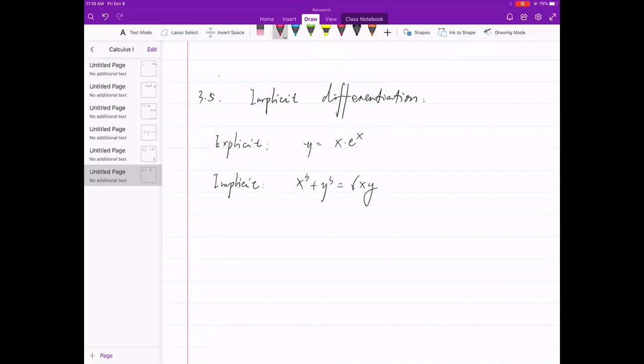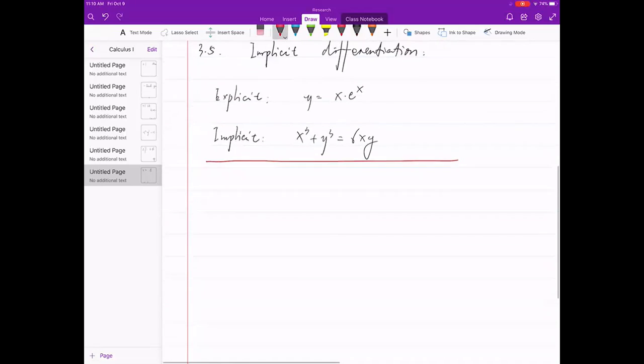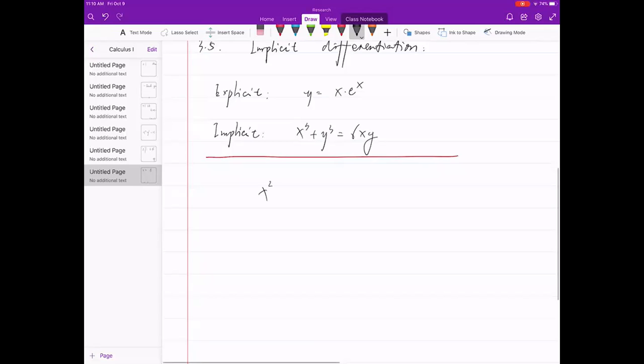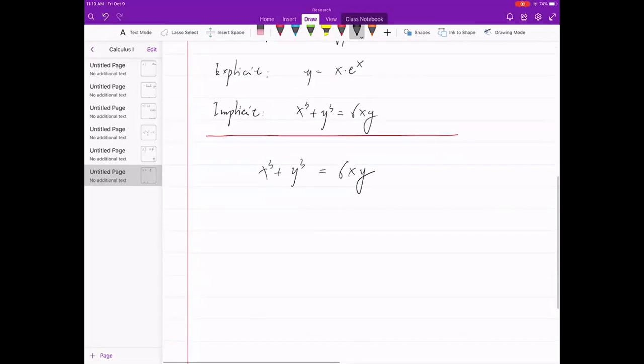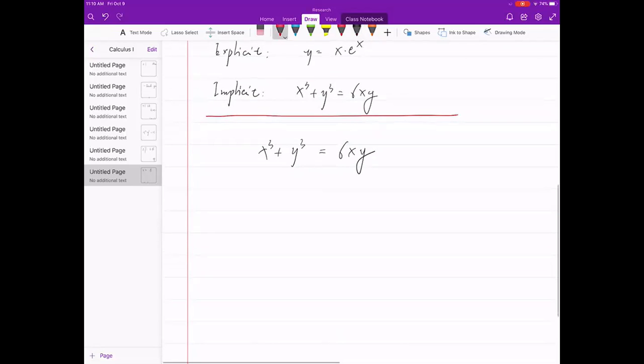Now what we want to do is take the differentiation of this. The details are in your notes. We just want to quickly mention how to think about this. Number one, you take the derivative on both sides. Number two, when you do that, two things can happen.